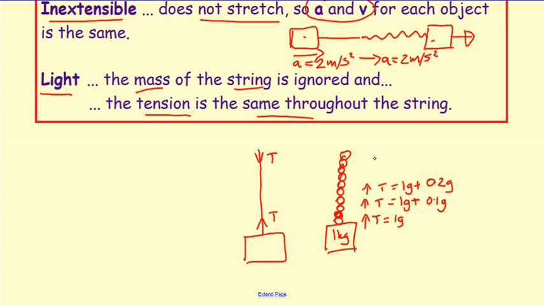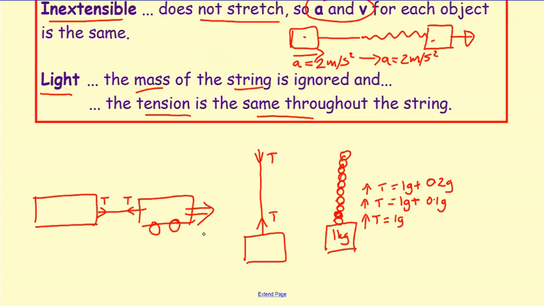The same would be true if you just had a heavy rope, but we're just going to assume that that's not the case. And so in terms of cars and trailers, we can just assume that the tension in that part that this object is pulling this object back with will be equal but opposite to the tension that this object is feeling being pulled forward by this object. Imagine it's a car going in that direction.